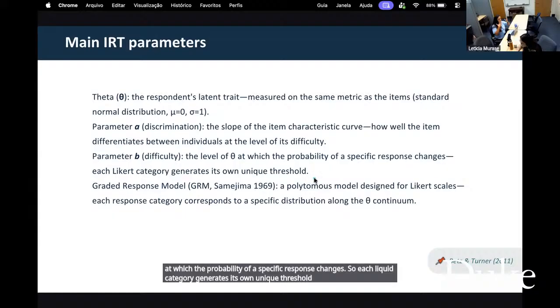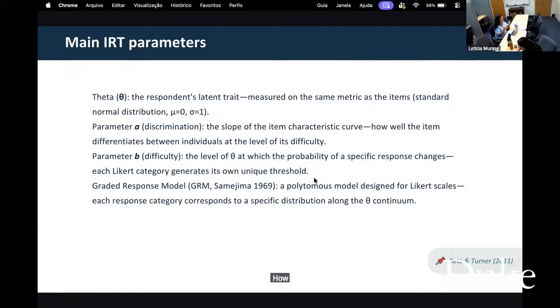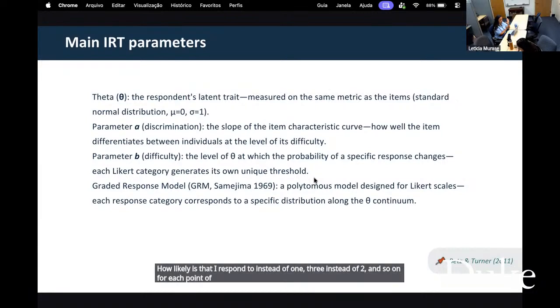So with my ability level, how likely is it that I respond 2 instead of 1, 3 instead of 2, and so on for each point of the Likert scale, which is usually 5 points.